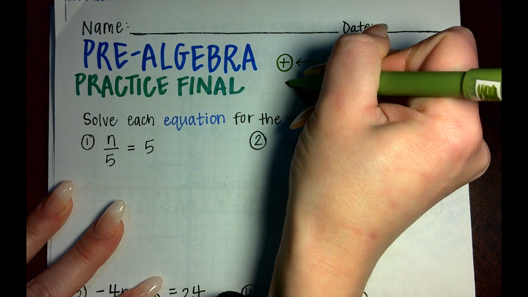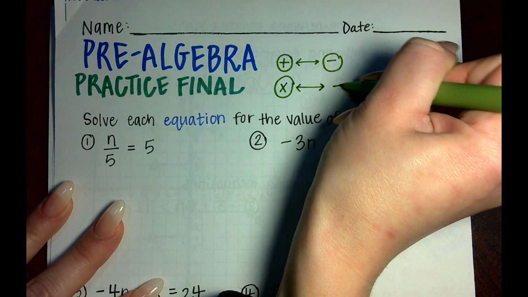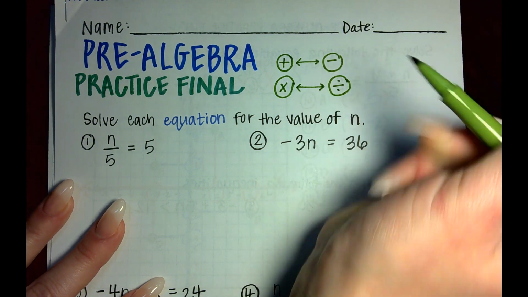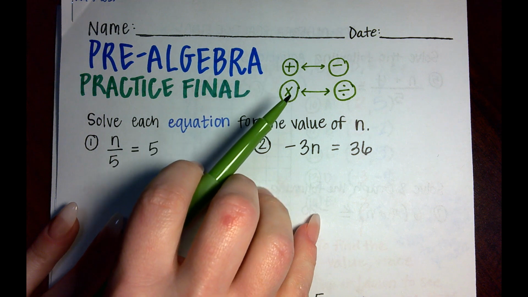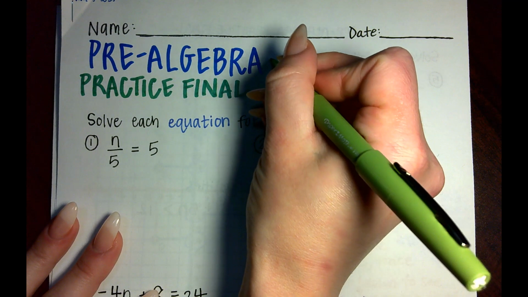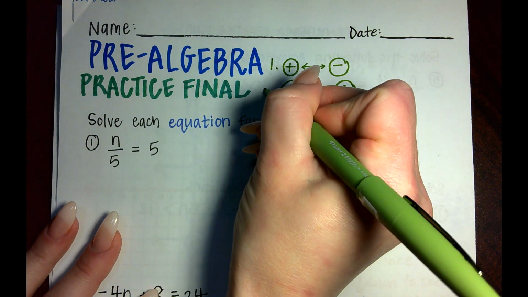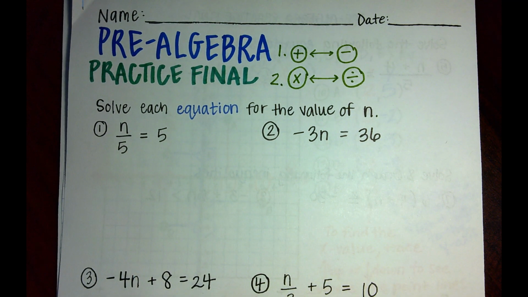Subtraction. What's the opposite of multiplication? Division. Good. This is also the order that we solve equations in. We want to get rid of addition and subtraction first. Multiplication and division second. Unless, of course, it's one of those exception problems, like with a big fraction or parentheses.